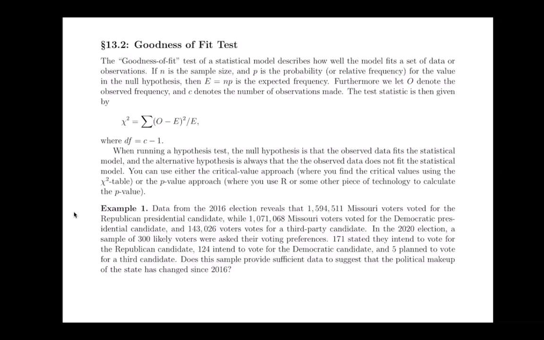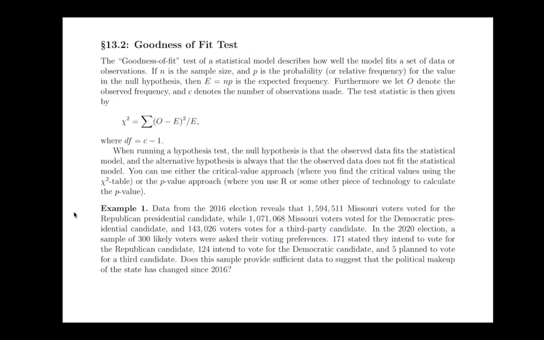The way that this is going to work is that we're going to let n be the sample size as always. P is going to be the list of probabilities for the values in the null hypothesis. I'll explain what that means as we go through the example. Then the expected frequency is going to be the sample size times the probability for the value, so E equals np.